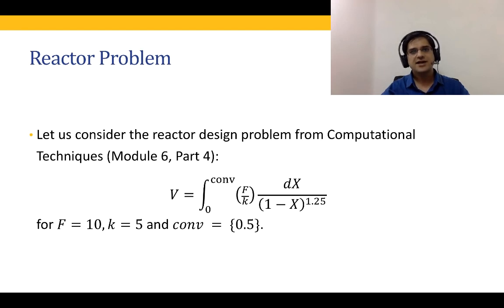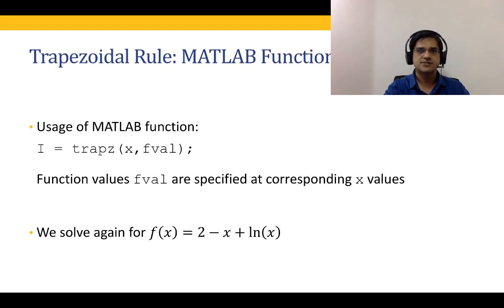So with that, I come to the end of this lecture. What we did in this lecture basically covered two different MATLAB commands in order to find the integral. The first one used the values of the function at corresponding values of x in order to give the integral using the trapezoidal rule. That function was known as trapz.